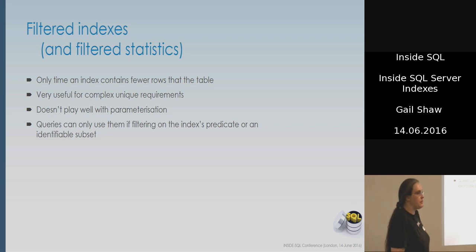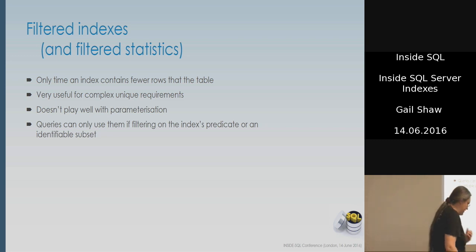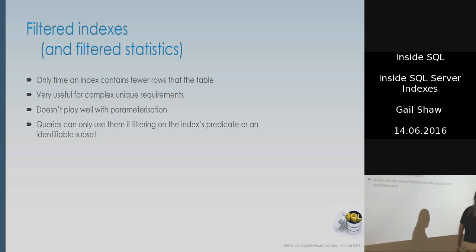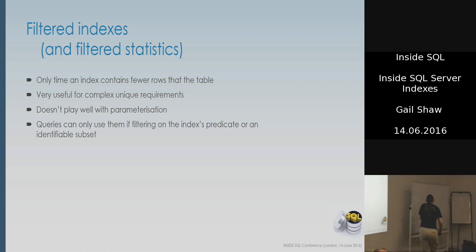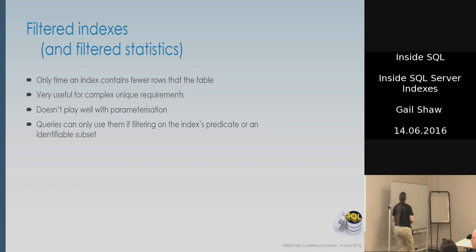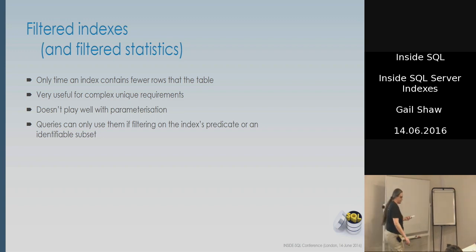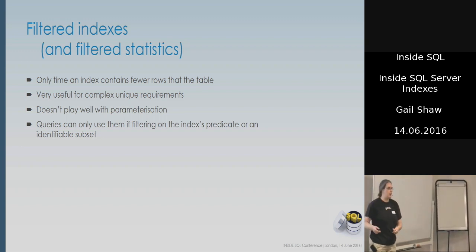To be honest, I've never been all that fond of these things for query optimization because the query's predicate must match the index's predicate or be an easily identifiable subset. And that catches a lot of things out. So a classic place I see this being used is for soft deletes, where you've got an is deleted column.